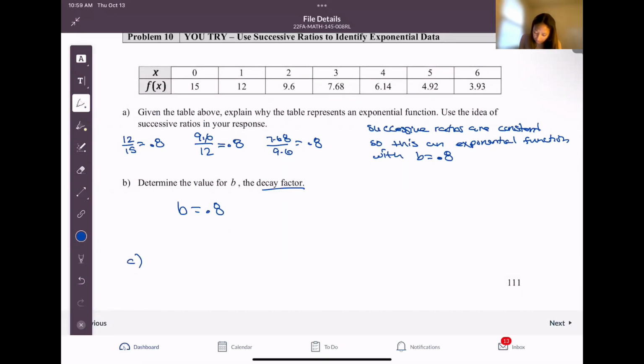The function would be f of x equals a times b to the x. a is 15, because that's the initial value from the table, or the y-intercept from the table. B is 0.8, so we get f of x is equal to 15 times, I'll use parentheses here to make it a little bit easier, 0.8 to the x power.